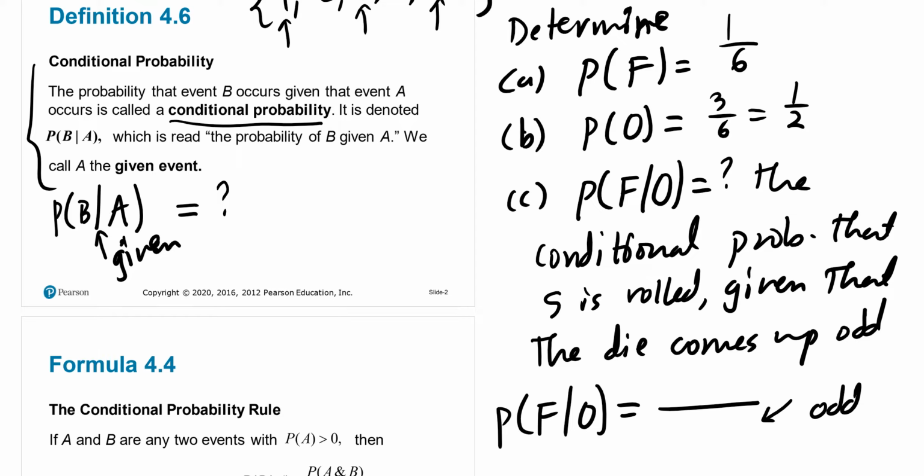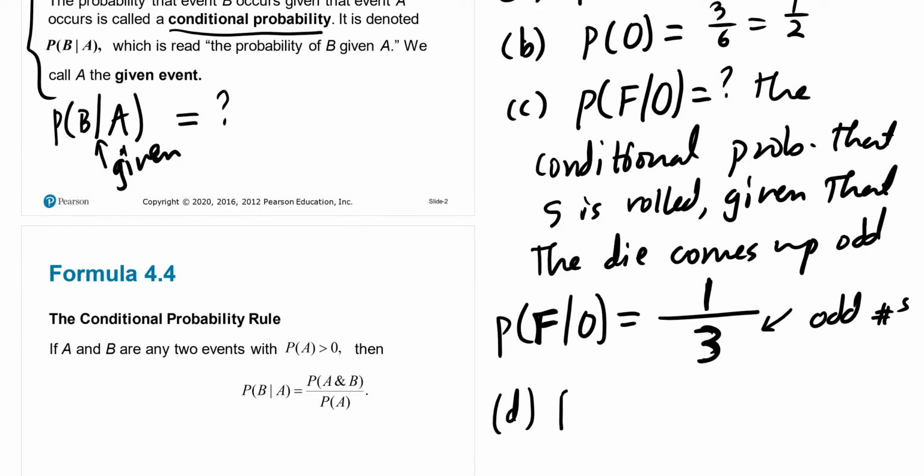How many odd numbers? We have 3 of them. F means rolling a 5. How many ways are there to roll a 5 among the 3 odd numbers? Only one. So that would be 1 out of 3.